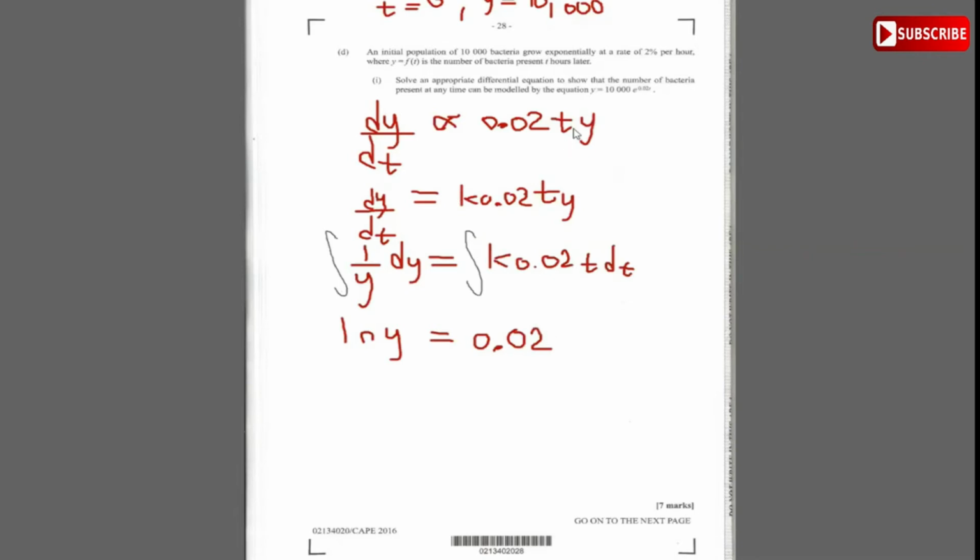Why is this t here? It's proportional to 0.02, so there should be no t, it should just be 0.02. Let me fix this.